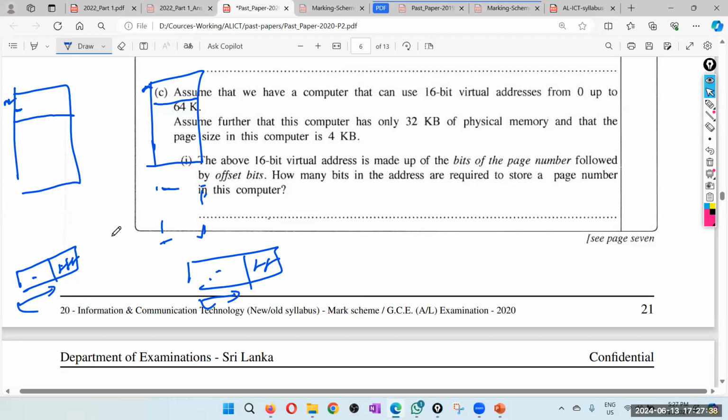How do you find this? Using the page table. Using the page table, the operating system maintains which page number is mapped to which frame. And the valid-invalid bit says whether that entry is valid. If the valid-invalid bit says it is not valid, then that page is in the virtual memory.